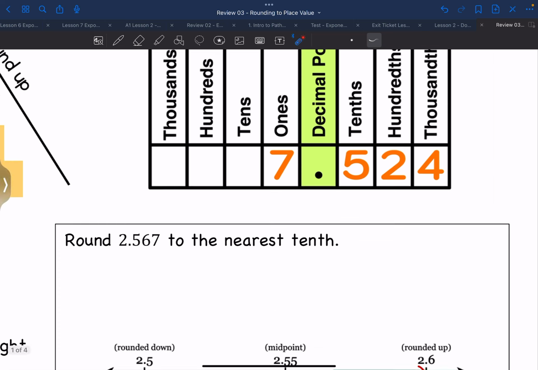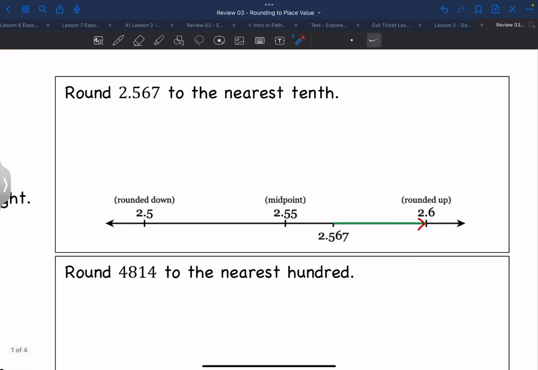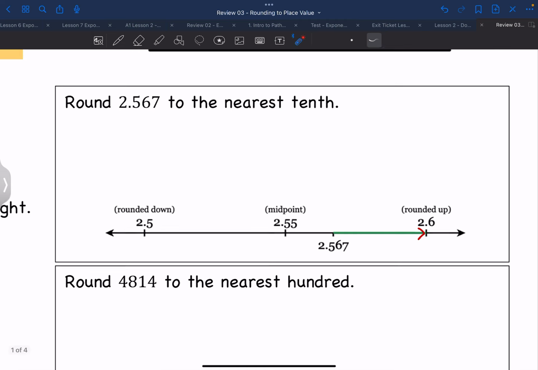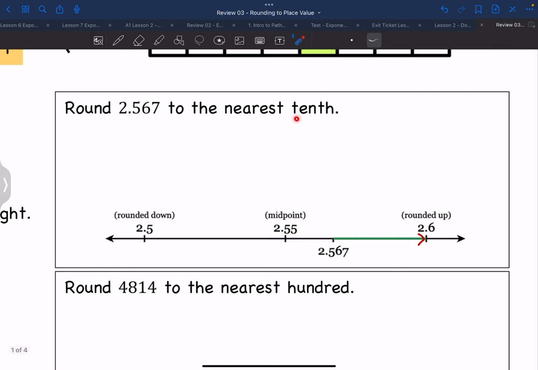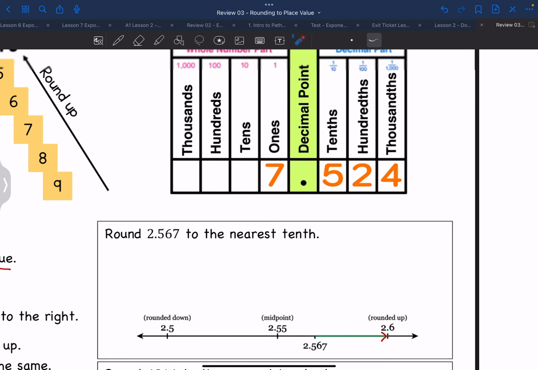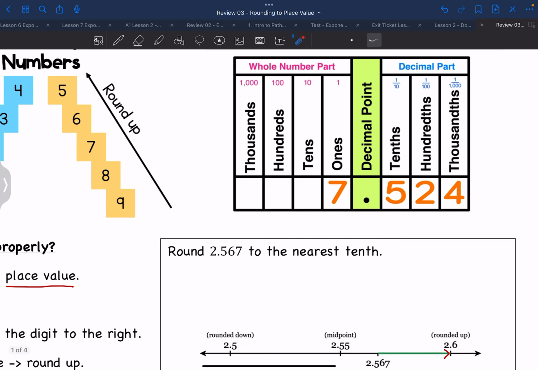So let's take a look at some examples. If we were to round 2.567 to the nearest 10th, you can see how this is hard to say, but going to the nearest 10th might be easier. If you forgot where the 10th place is, you can take a look at the chart. And the 10th place is one place after the decimal.